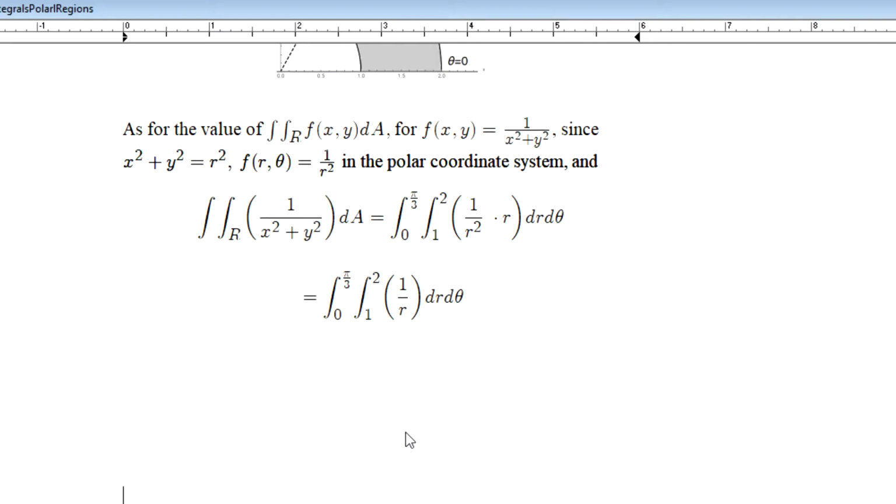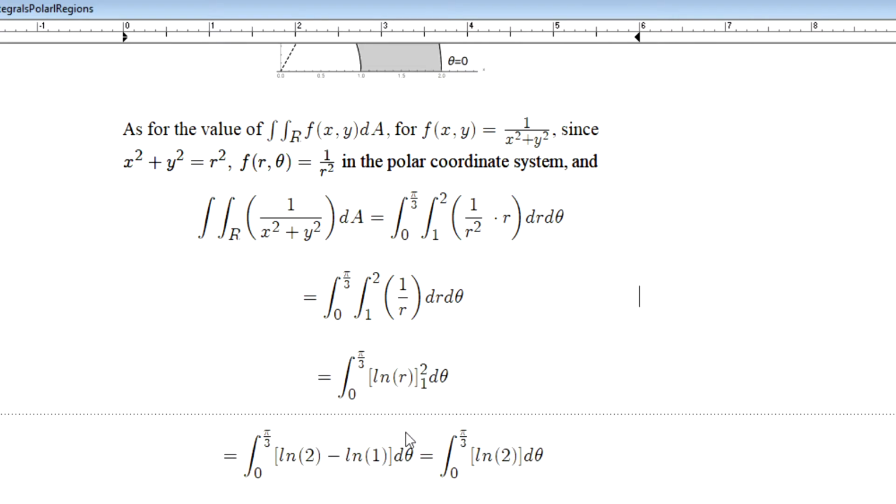Keep in mind that gives us the ln of r. That's the one case we cannot use the power rule, folks. The antiderivative of 1 over r is the ln of r, which we're now just going to evaluate across the bounds from 1 to 2. We can see that illustrated here, where from 1 to 2 we would have the ln of 2 minus the ln of 1.